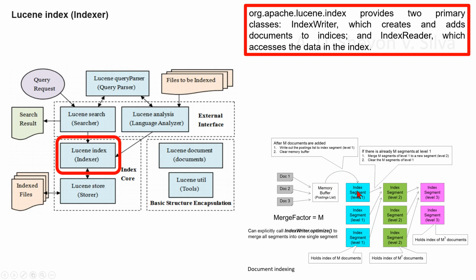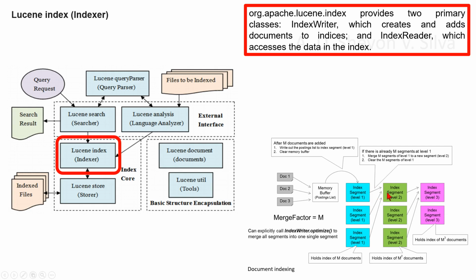Here the memory buffer is connected to the index segment, here level 1, and index segments of level 1 are connected to index segments of level 2. If there are already M segments at level 1, merge the M segments of level 1 into a new segment of level 2 and clear the M segments of level 1.